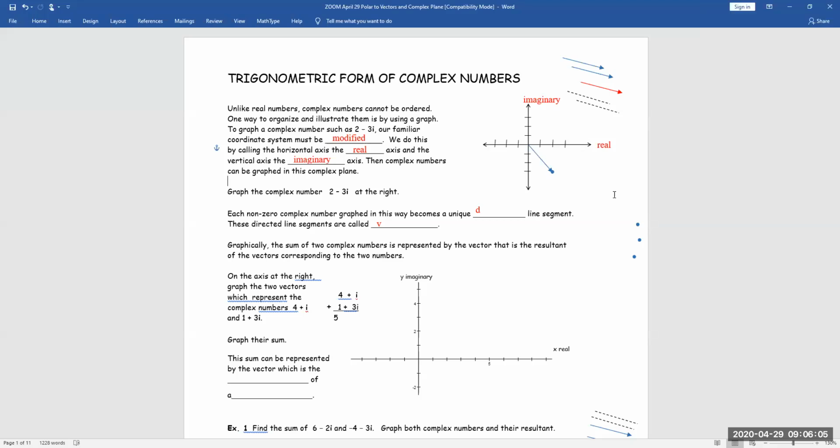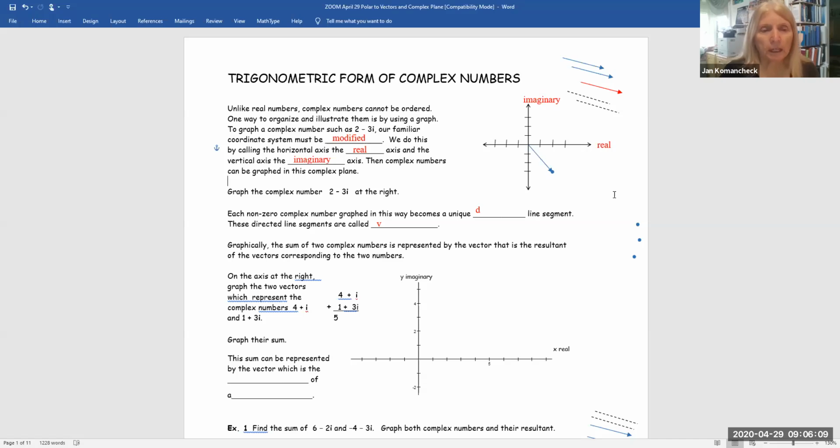So I'm in the complex plane. Each non-zero complex number graphed in this way becomes a unique directed line segment. It goes in a certain direction. The directed line segment that I just drew, it's not really a line segment, but because it's got that arrow on it, it's directed.